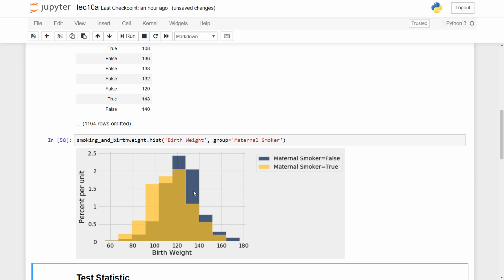And that's actually how the story begins. By looking at these weights, we have a question in mind. So we want to answer this question, and to answer this question, we do the hypothesis testing.